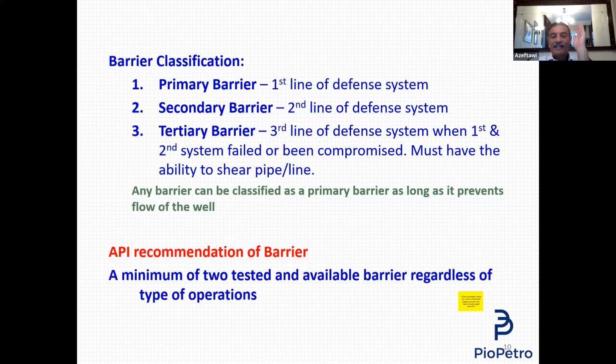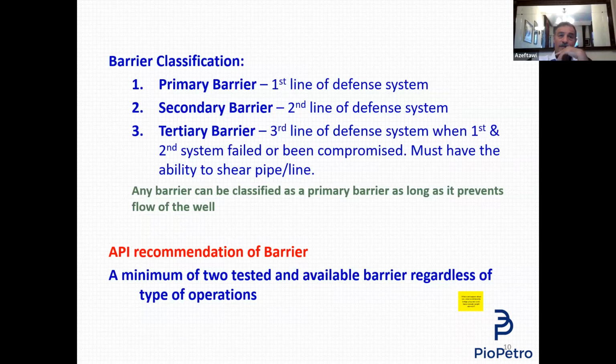You should have at least 2 tested and available. Available means you can use it. But you might have a BOP and the BOP is tested and you have the certificate of the BOP, but you are in the field now and the BOP is at your home. So it is not available. So it's not a barrier.